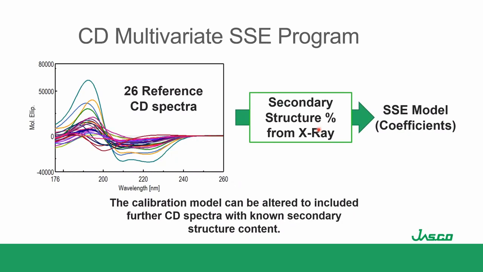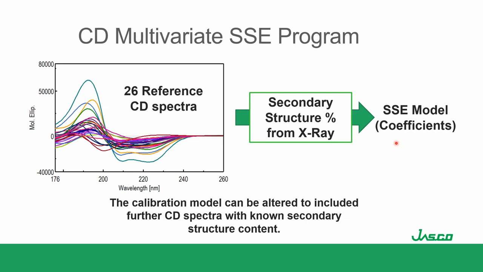In the case of the CD multivariate analysis, instead of IR reference spectra, we're obviously going to be using CD reference spectra. We have a data set of 26 known compounds, and we know the secondary structure percentages from X-ray. We can use this conjunction of the CD spectra with the percentages of X-ray secondary structures in order to get that coefficient matrix that Carlos was previously describing.